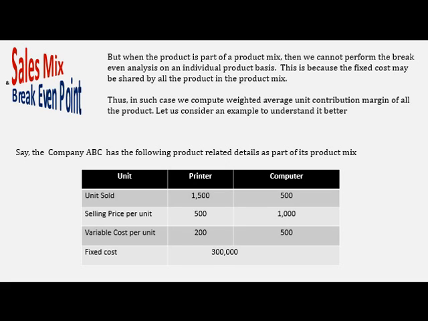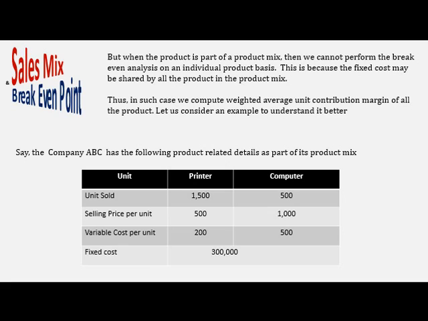Say the company ABC has the following product-related details as part of its product mix. The company is selling 1,500 units of printer and 500 units of computer. The selling price of 1 unit of printer is 500 and 1 unit of computer is 1,000. The variable cost for printer is 200 per unit and for computer it is 500 per unit. The fixed cost is 300,000.